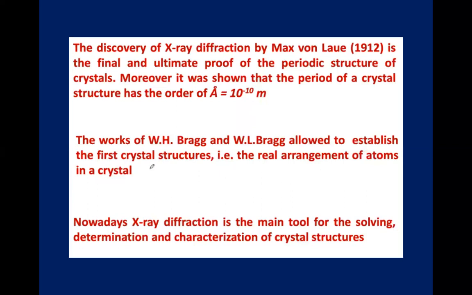The first crystal structures were established by the two Braggs. X-ray diffraction is a very important tool for determination and characterization of the physical structures of crystals. We do XRD analysis in chemistry also, frequently, to understand the internal crystal composition and arrangement by the X-ray diffraction method.